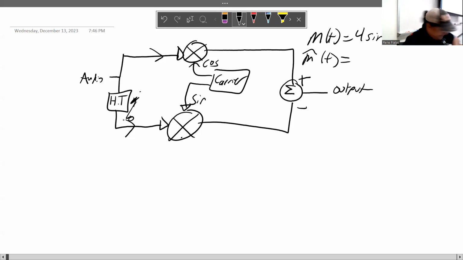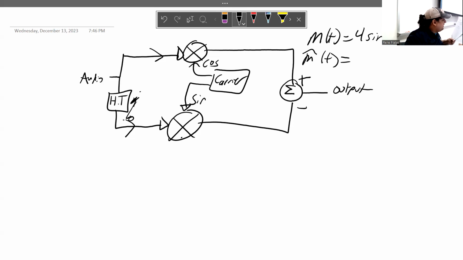And the Hilbert transformation, if you recall, all it is, let me find it. I didn't write it down. Oh, here it is.